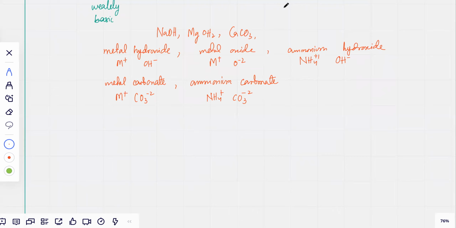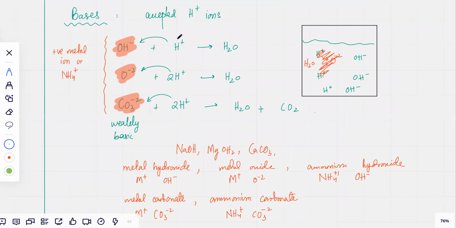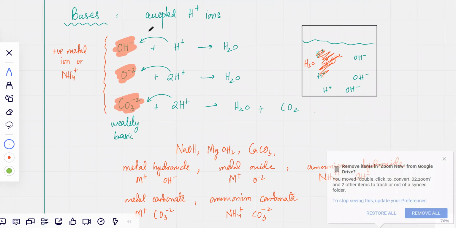It depends on how strongly the ion attracts H plus 1 ions. Okay, so the attraction is like two magnets attracting each other. The magnets could be strong, they could be weak. The force of attraction could be strong, it could be weak.